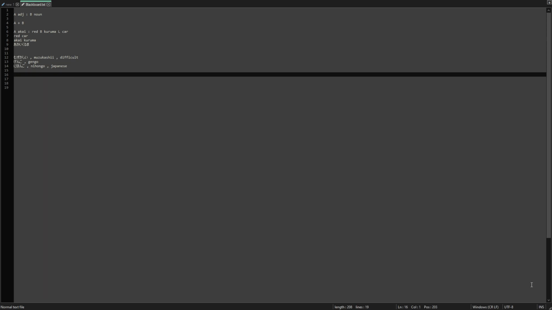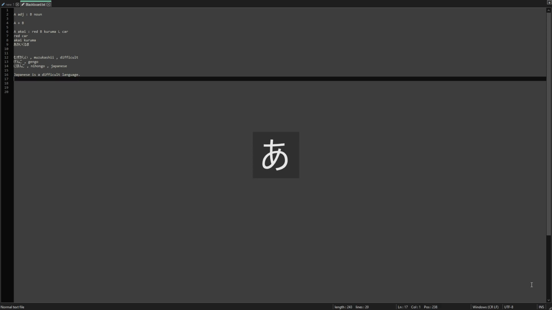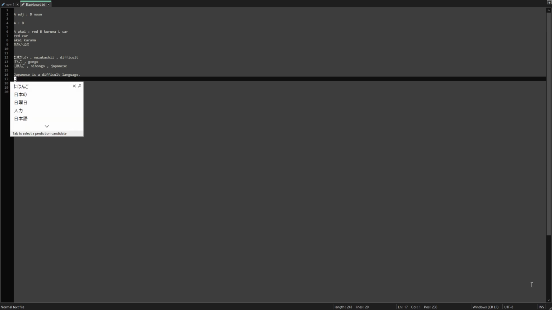So how would we combine all this vocabulary to make a sentence? Easy. We want to say Japanese is a difficult language. How would we say this? Difficult language, Japanese, nihongo. Which particle do we have to use to define something when we are using adjectives?